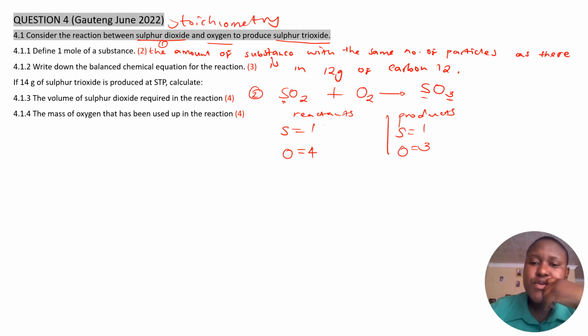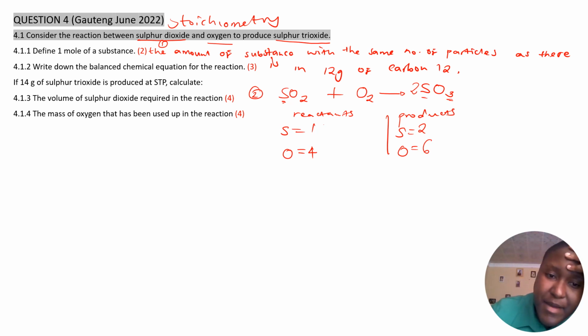What you can do, let us look at this. If you put 2 on the side, you now have two sulfur atoms, and you have 2 times 3 oxygens, which is, I'm sorry about that, which is 6.